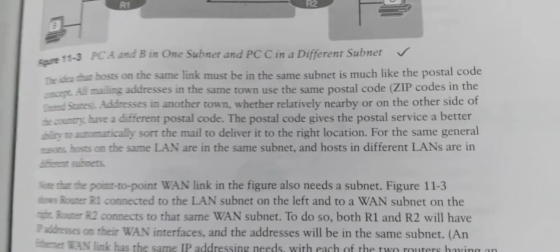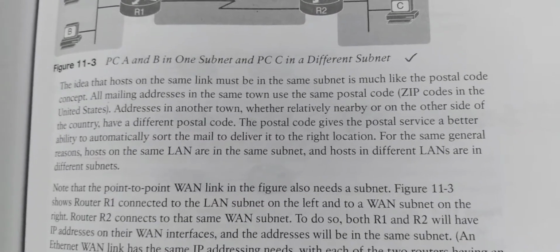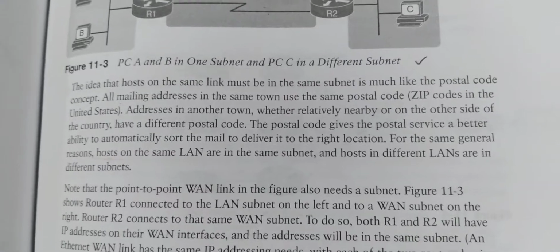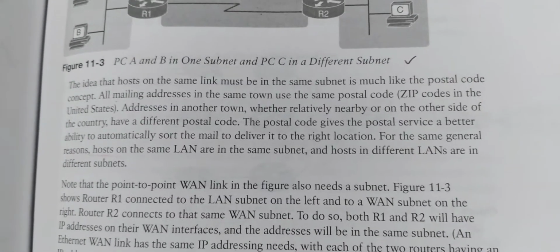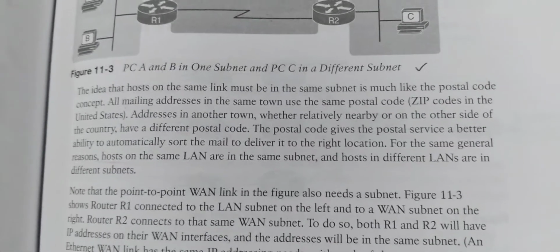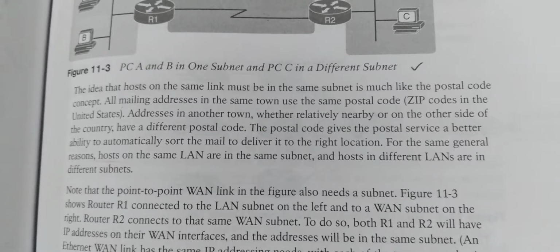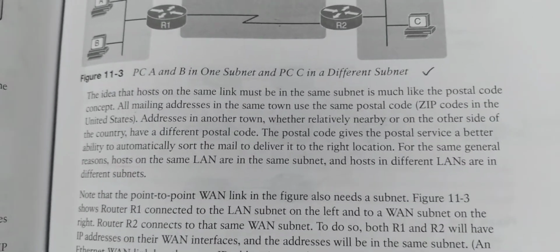The postal code gives the postal service a better ability to automatically sort the mail to deliver it to the right location. For the same general reasons, hosts on the same LAN are in the same subnet, and hosts in different LANs are in different subnets.